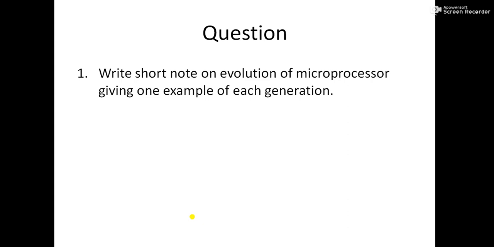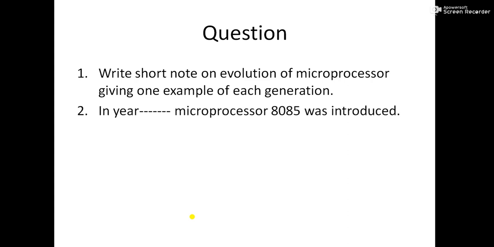For example, for first generation you may write Intel's 4004 microprocessor. For second generation, you may write Intel's 8085. So likewise, for each generation, you have to give one example. Along with this, you have to write the short note on evolution of microprocessor. So this is the short note.